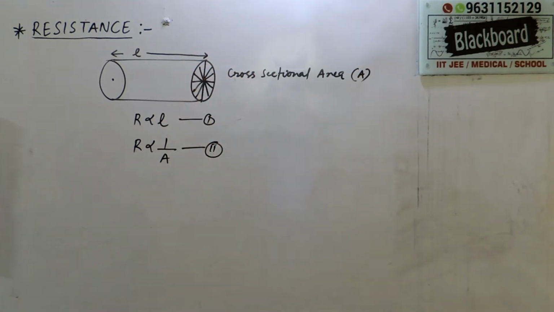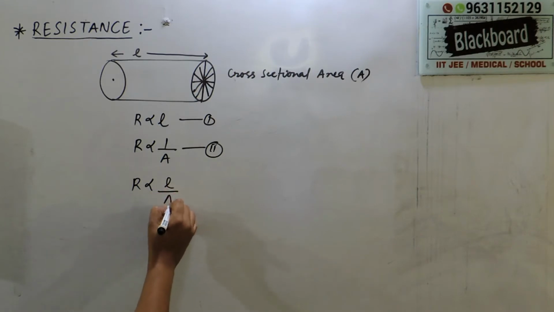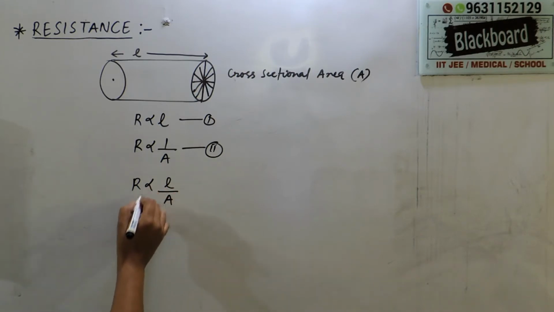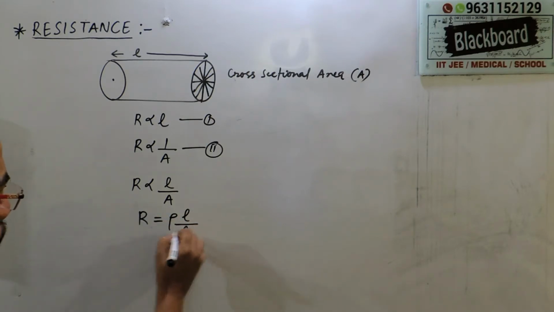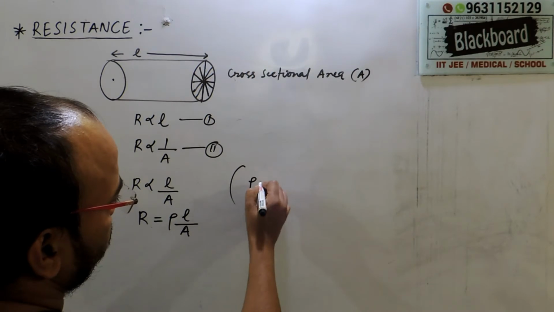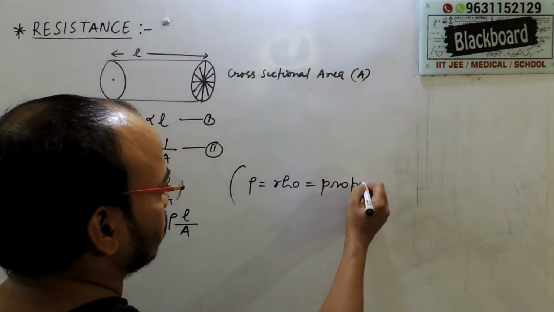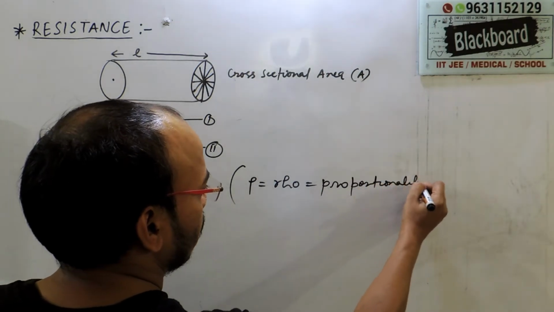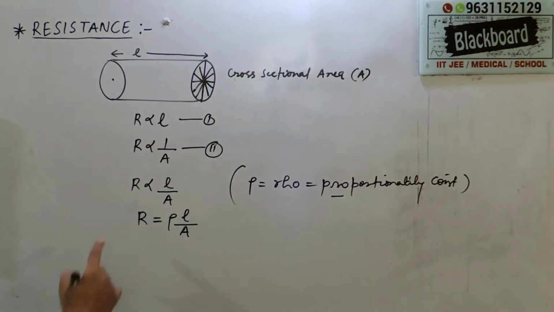After combining these two equations, you will get R is directly proportional to L by A, and removing proportionality, you will get R equals rho L by A. This is the proportionality constant, and this rho depends on the material.